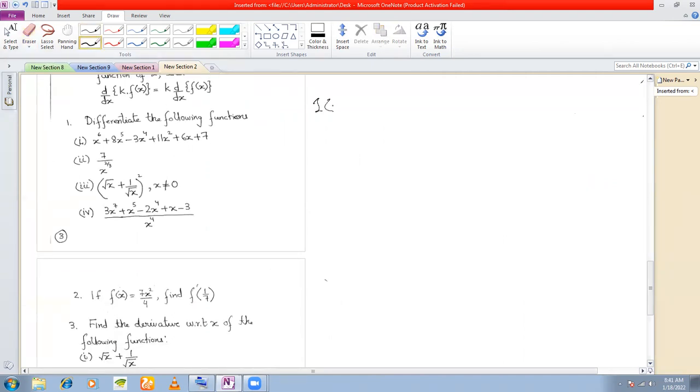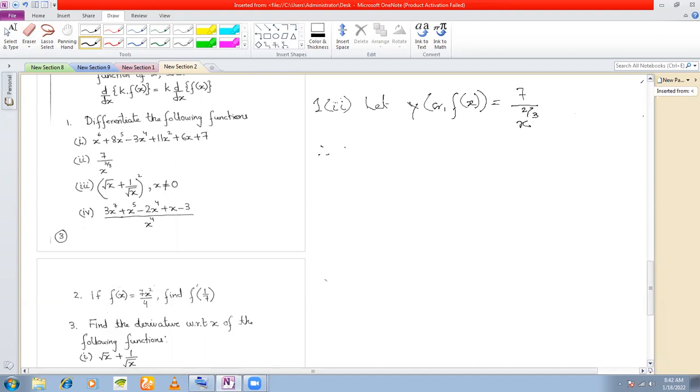Let y is equal to, or let's say f(x) is equal to 7 by x to the power of 2 by 3.